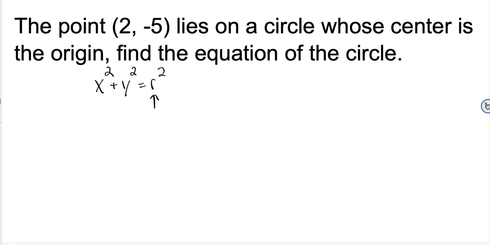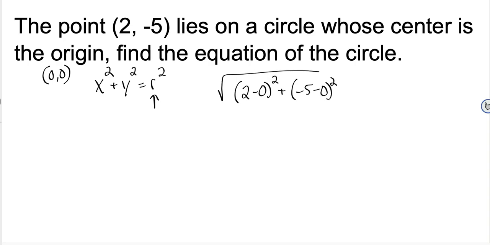If we have a center of 0, 0 and a point on the circle of 2, negative 5, we can find the distance between the center and the circle using the distance formula. So 2 minus 0 squared plus negative 5 minus 0 squared. That's going to get our distance, which is our radius.